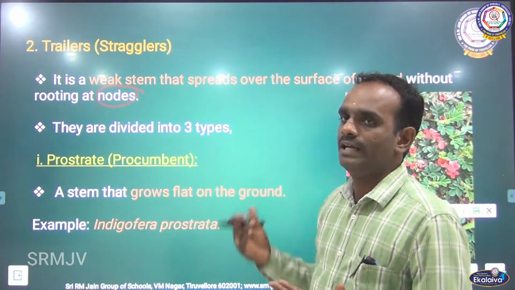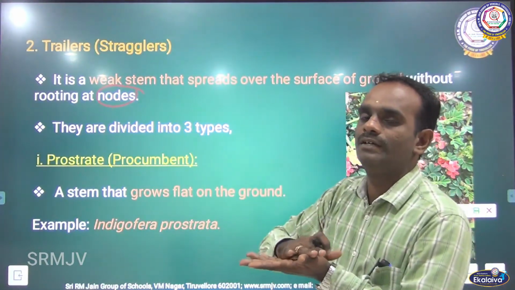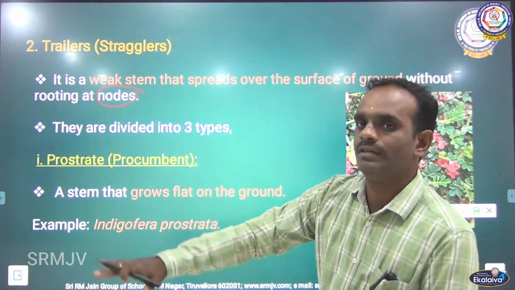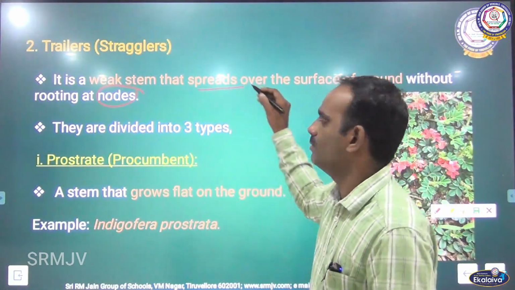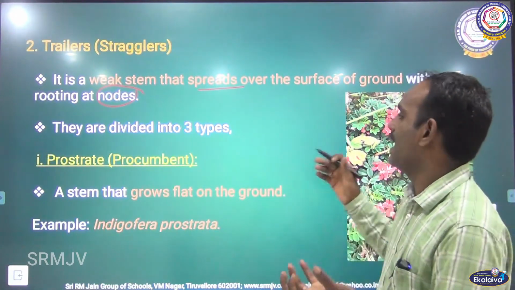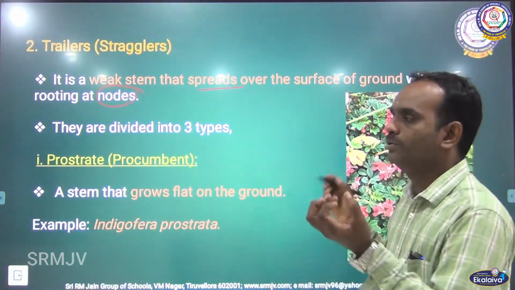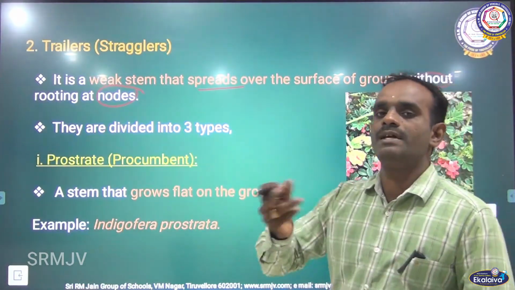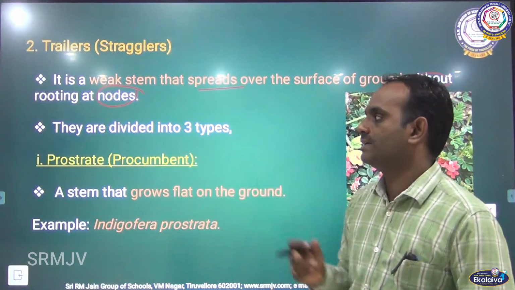But trailers are weak stem plants that grow horizontally at the ground level. They spread over the ground level without rooting at nodes. There is no formation of root at nodes. That is a major difference between the creepers and the trailers.